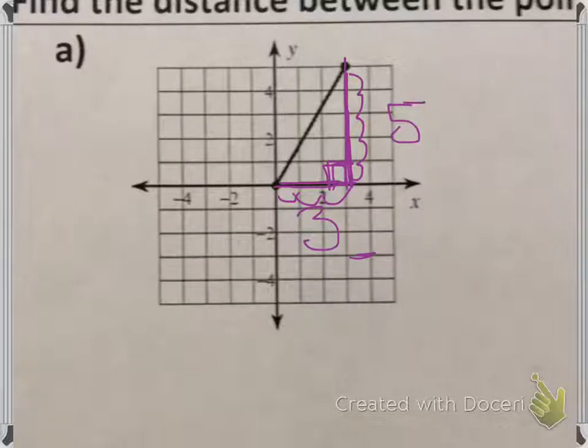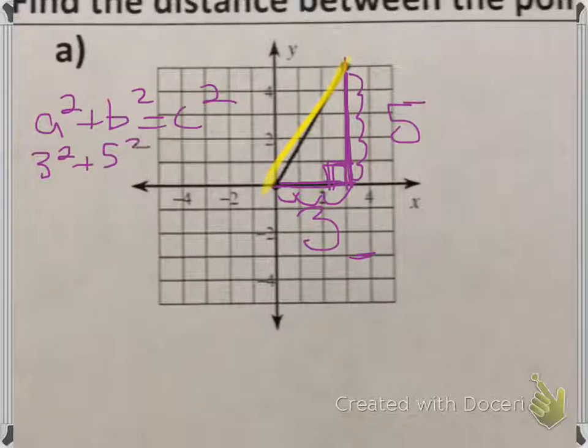And then instead of using the distance formula, I just do the Pythagorean theorem, which is something that we learned a long time ago. That Pythagorean theorem is a squared plus b squared equals c squared. It always works for solving the missing side of a right triangle. So I'm going to go 3 squared plus 5 squared equals c squared. 3 squared is 9. 5 squared is 25.